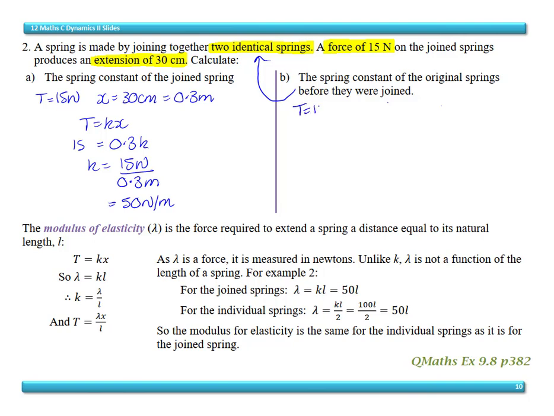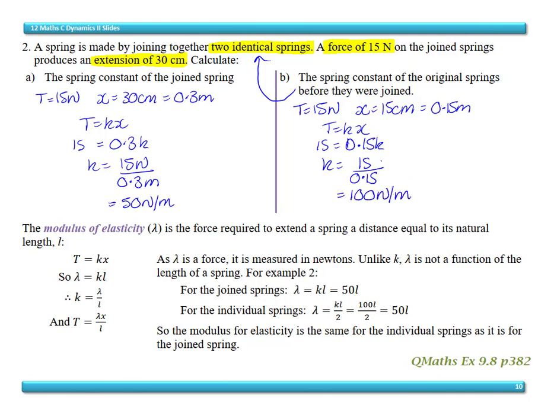So our tension is 15 newtons, but our x is 15 centimeters, which is 0.15 meters. So T equals Kx, 15 equals 0.15K, so K is 15 divided by 0.15, which is 100 newtons per meter.